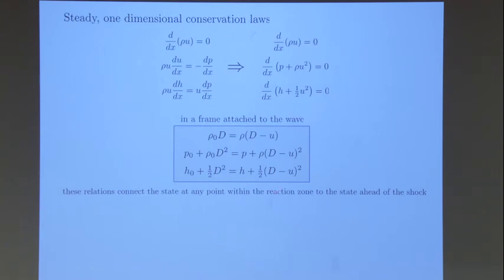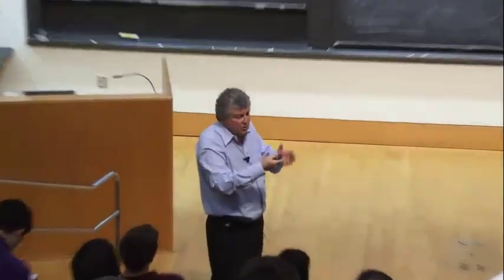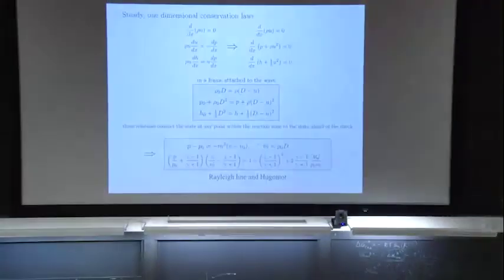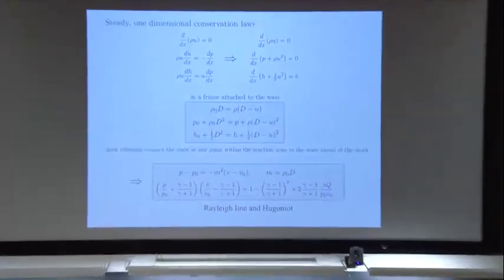The first thing is you can write what happens across the shock. Well, it's very easy. It's very similar to the Rankine-Hugoniot relation that we wrote before with Q equal to 0. So here are in fact the Rankine-Hugoniot relations.